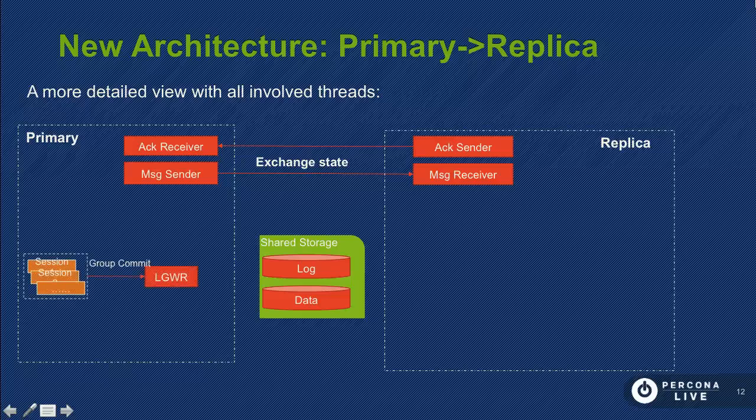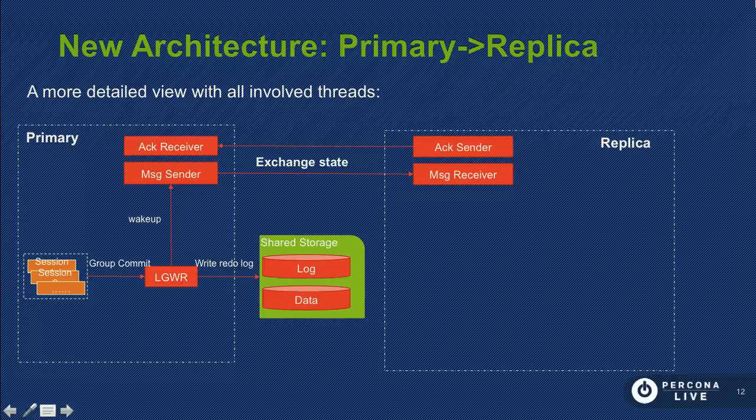And on primary server, we show how a transaction is committed. While a transaction is committed, it will be added to a queue, and we added a thread called LGWR, which will help other threads to write and fsync redo log. This will improve the performance under heavy workload.